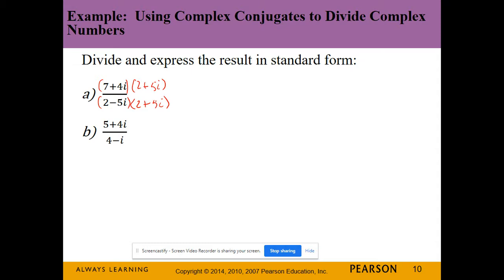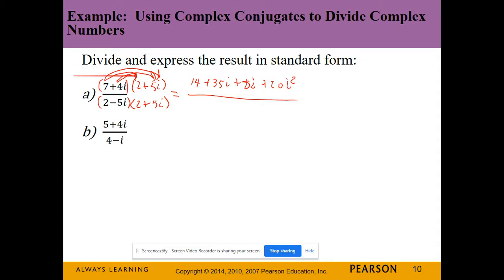When I FOIL these together now, 7 times 2 is 14. 7 times 5i is 35i. 4i times 2 is plus 8i. Then 4i times 5i is plus 20i squared. We'll simplify that in a moment.